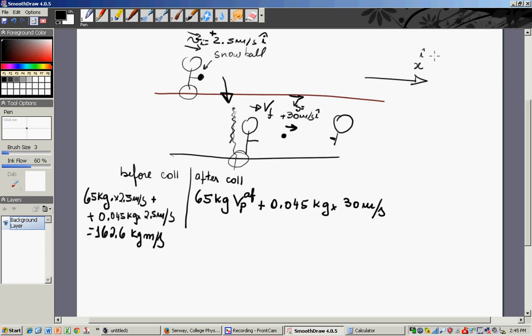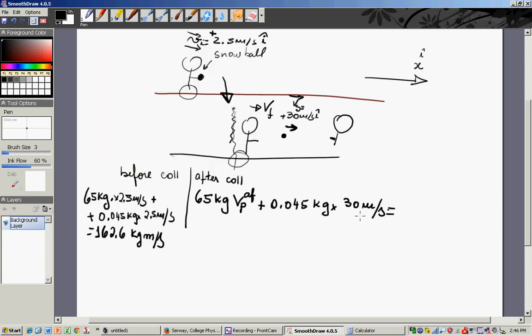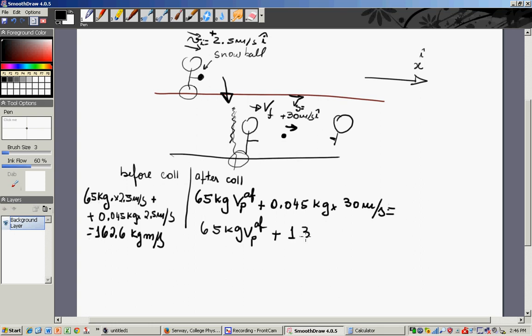Okay, so I can calculate some of that. So I'm bringing my calculator here. So 0.045 times 30, and I get 1.35. So essentially, this is the same as 65 kilograms times the velocity of the person after, plus 1.35 kilograms meters per second.